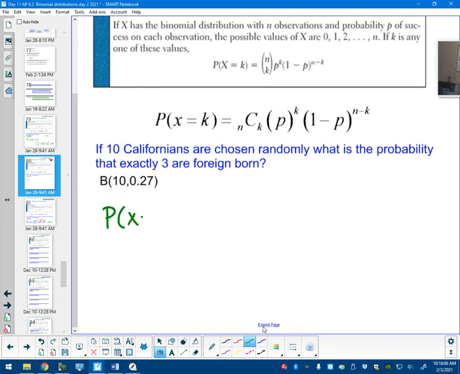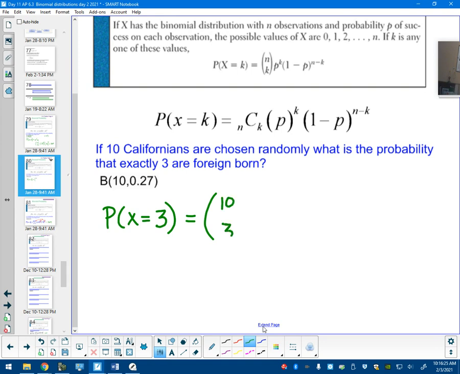The probability that x equals exactly 3 is, so here's your first choice that you're allowed to have. You can use the C notation or you can use the parentheses notation. I'm going to use parentheses because that's what you'll see on your AP Stat test.